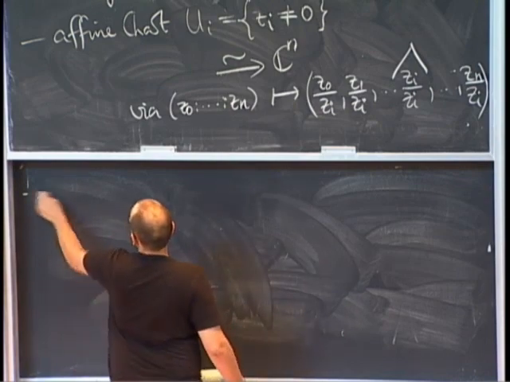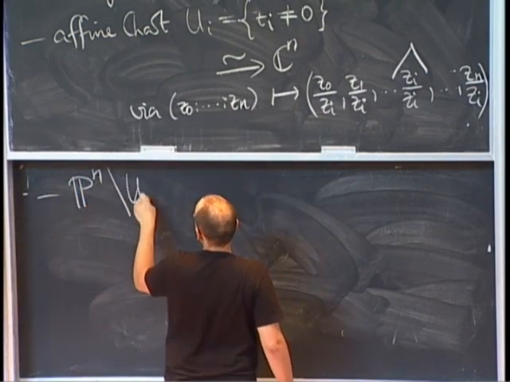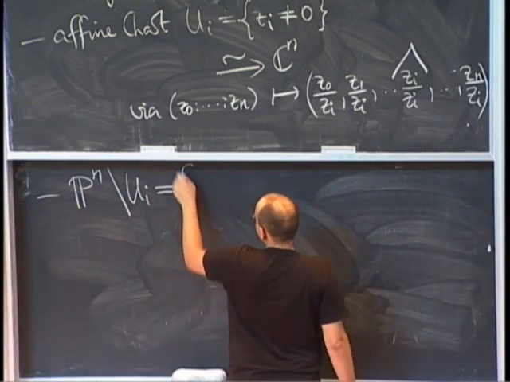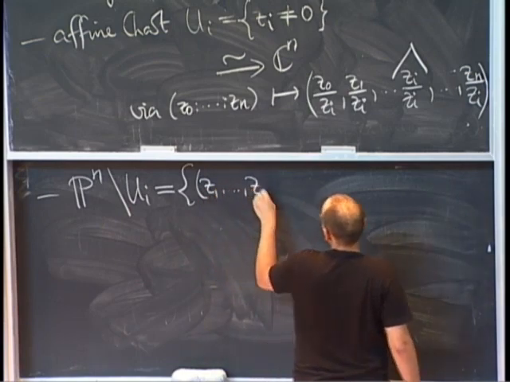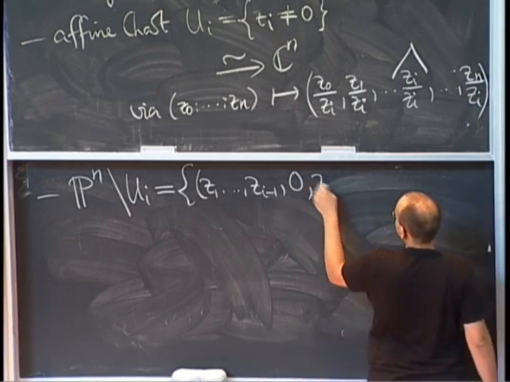Right, so Pn minus this chart Ui is the set of all homogeneous coordinate vectors where the ith coordinate is equal to 0, just by definition.